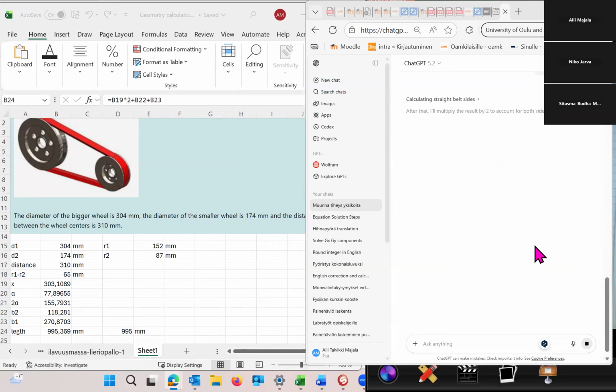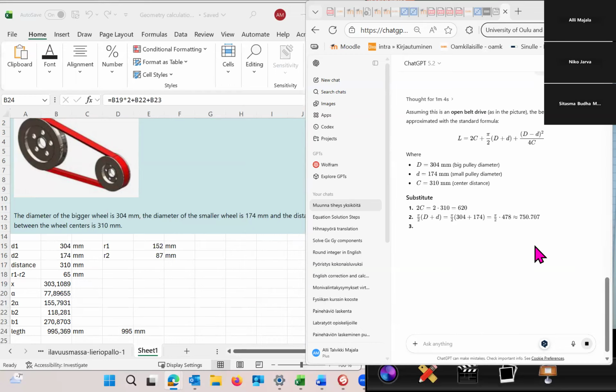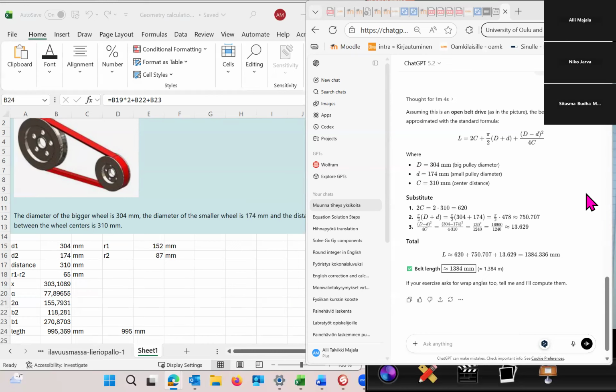I didn't actually ask this yet, even once, so let's see how this does it. Oh, standard formula. Open belt drive as picture.